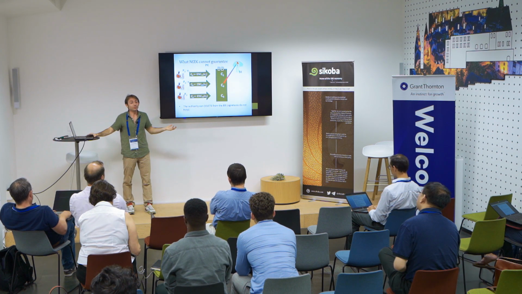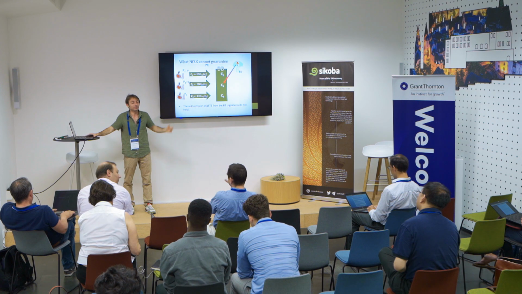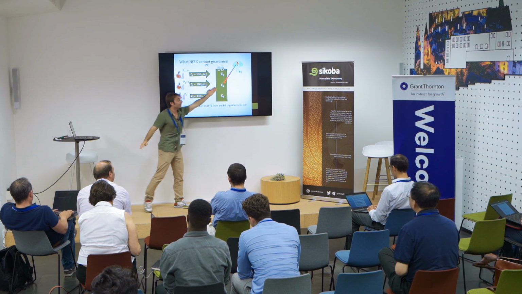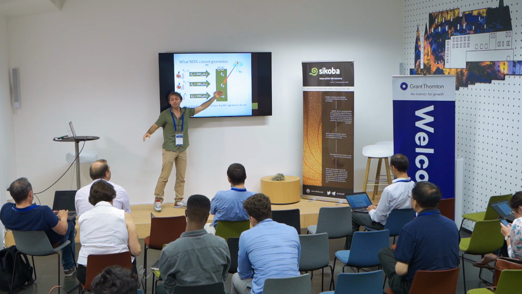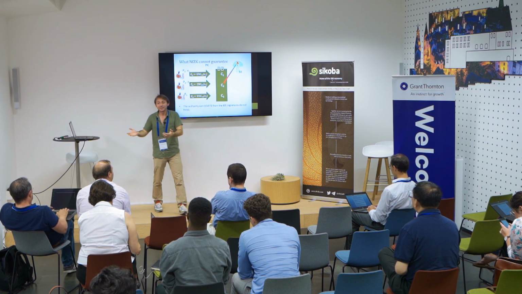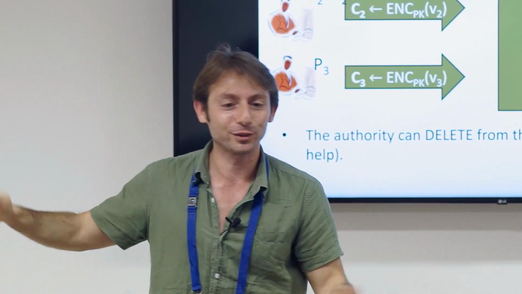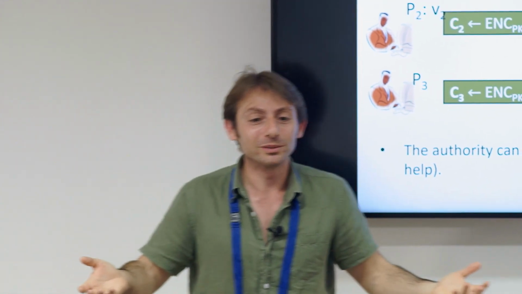Because the authority could not give you the receipt, for example. I send the ciphertext, and they pretend they don't give you the receipt. But then at least you know you don't have the receipt. Yeah, but also here, I know that my ciphertext didn't go to the bulletin board. I try to send it, but maybe the authority colludes with some candidates, and says, don't receive this ciphertext from this region because they vote for Obama, you see, and they refuse.